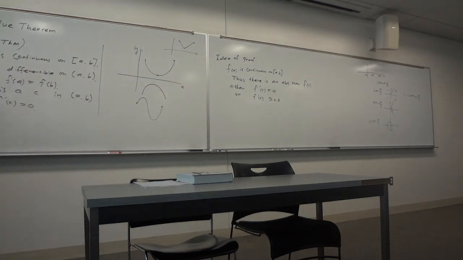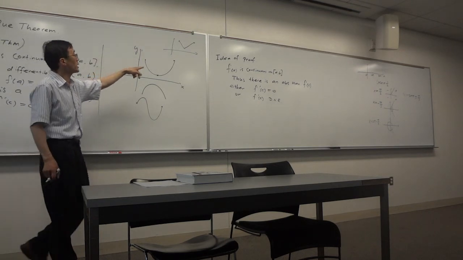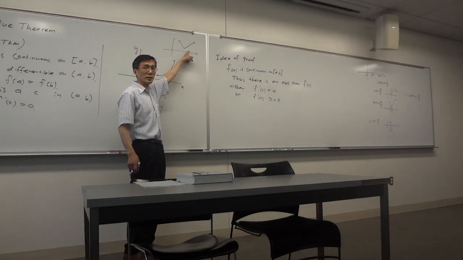Well, now look back here. Are we really saying the theorem is wrong? What's the problem with my example? It's not differentiable, right? Remember, this requires f is differentiable. So in a way, the picture that I drew is not a friendly function.